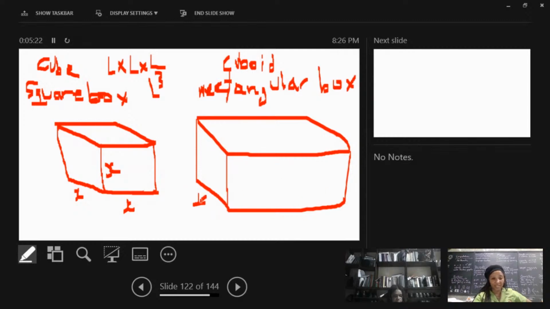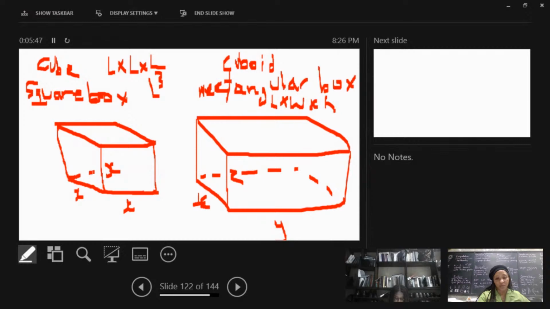So if that is x, that is y, that's z, right? Length, width, and height. But the formula is basically the same. Length times width times height.